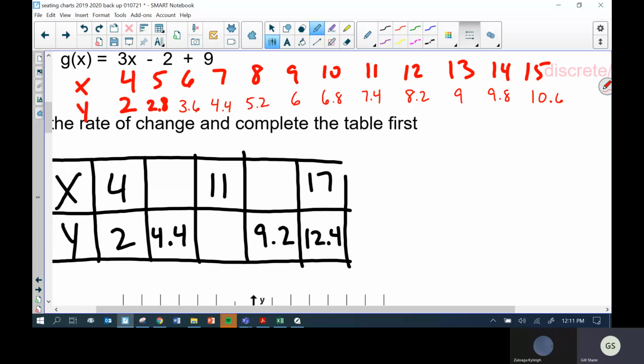Oh, wait, I messed something up though. 3.6, 4.4, 5.2, 6, 6.8, 7.4, 8.2, 9. Yeah, it's supposed to be 9.2, which I got last class. What did I do wrong?